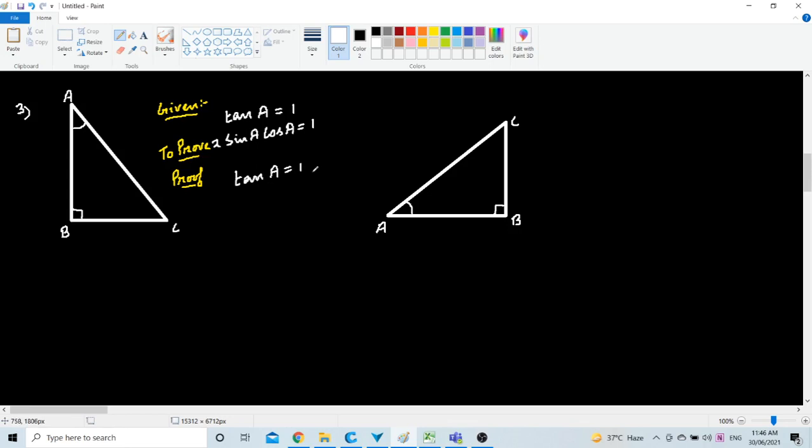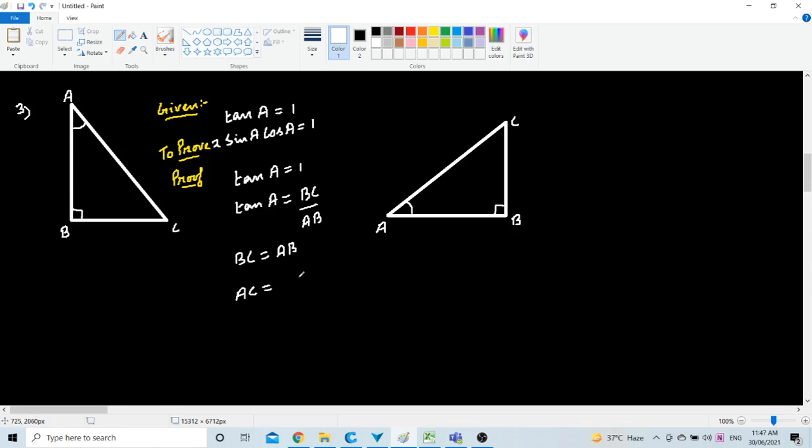This implies that BC upon AB, since tan A is perpendicular upon base. Alright. So we can say that this BC will be equal to AB.